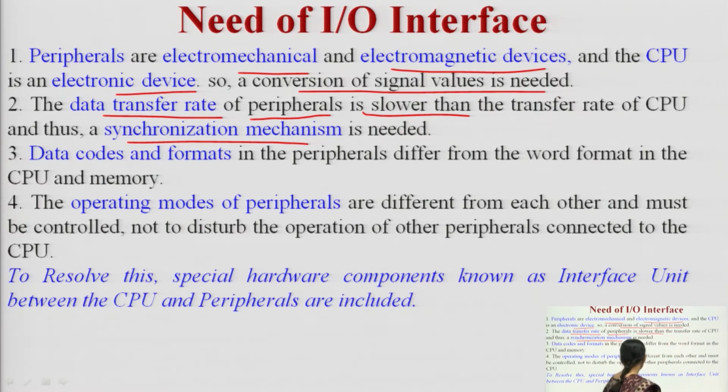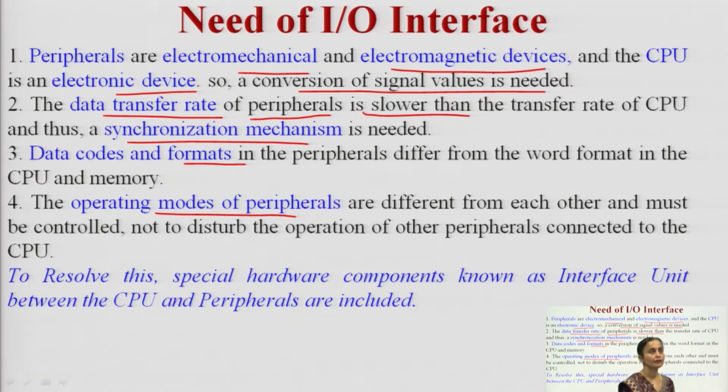Then third, the data codes and formats in the peripheral are different, but the word format for the CPU and memory is different. Then the fourth thing, the operating modes of peripherals are different from each other, and they should be controlled whenever we are connecting any device to the CPU, so as not to disturb the operation of other peripherals already connected to the CPU.